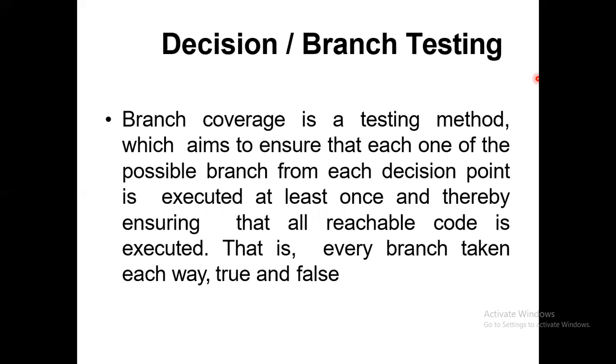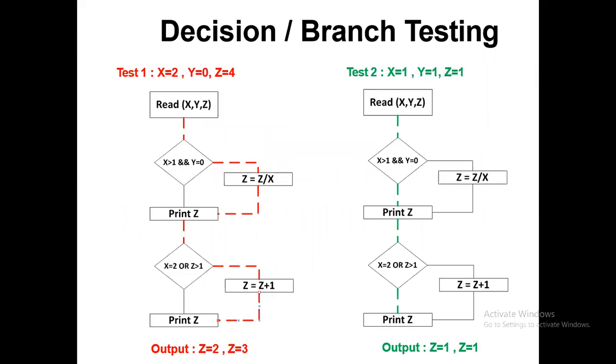It means you have to test either the true path or the false path. So you have to find the desirable values that could execute both decisions, true and false paths.